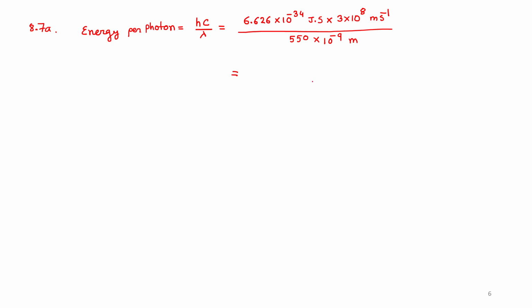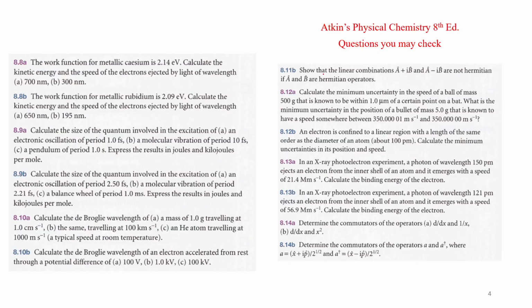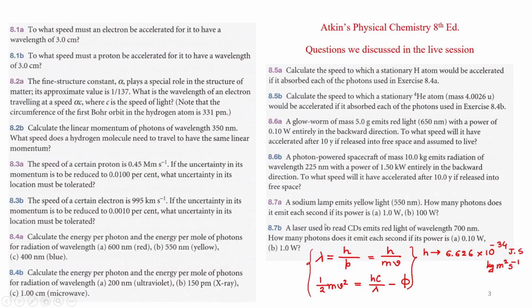We are getting somewhere around 3.614 into 10 to the power minus 19. What would be the unit? As you can see, meter would cancel, second inverse will cancel with second. So obviously energy will be in joules. This is in joules. Let us go back to the question. This is the energy of each photon of this sodium lamp.